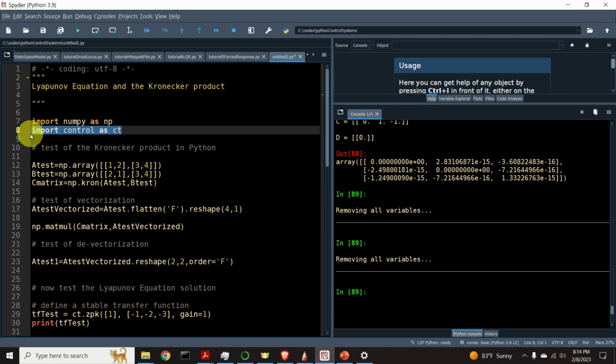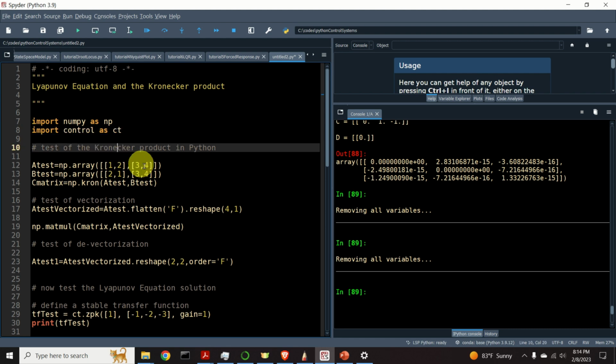I'm only using this library over here in order to construct the state space model. However, you don't need to use this library. You can simply use the matrix that I will construct. To repeat, I'm only using this library to find my A matrix such that I can have a stable system. You don't need to use this library.